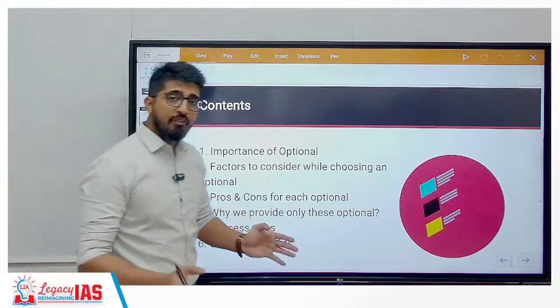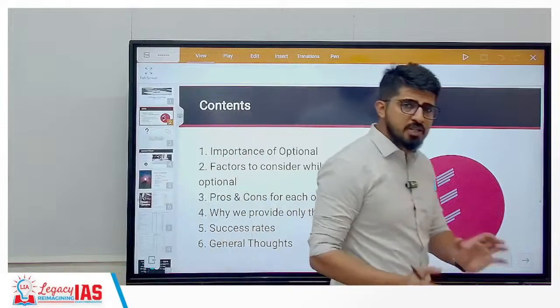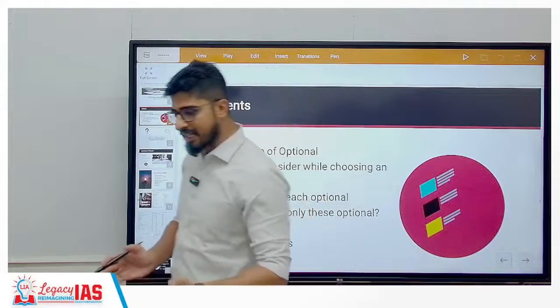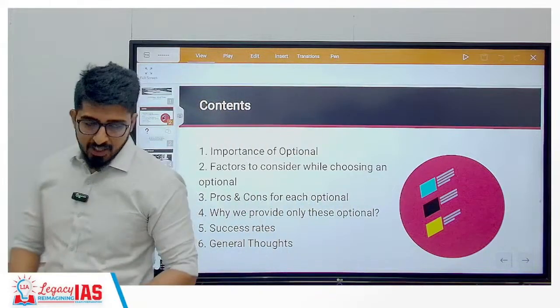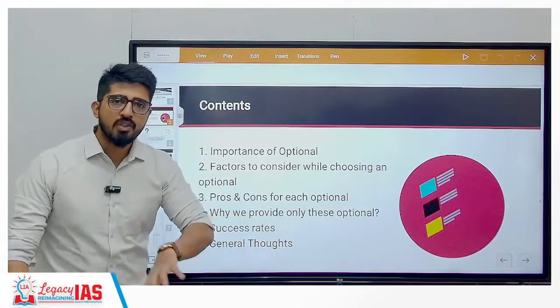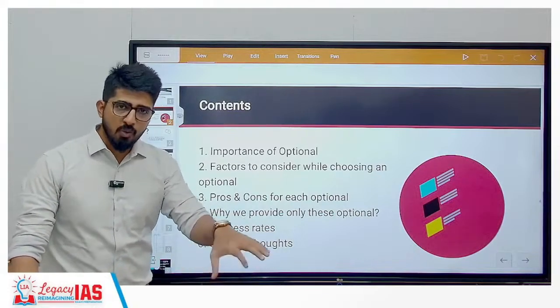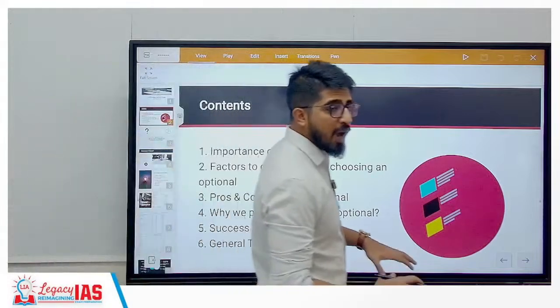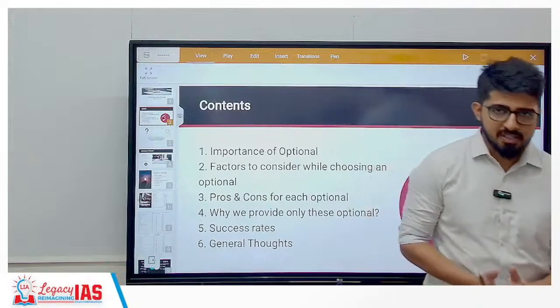And then you have the pros and cons of almost every optional that is provided at this institute, that is Legacy IAS Academy. And we talk about other optionals as well. It's not that we leave out other optionals, we touch upon other optionals as well. Then why we provide only these optionals, not the other optionals.